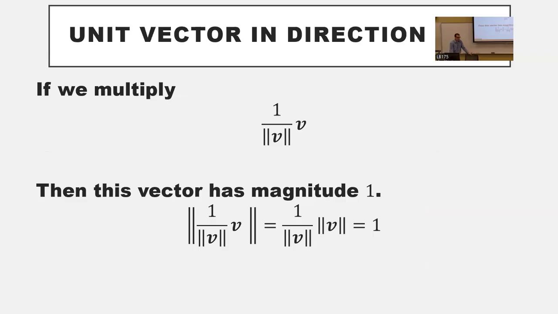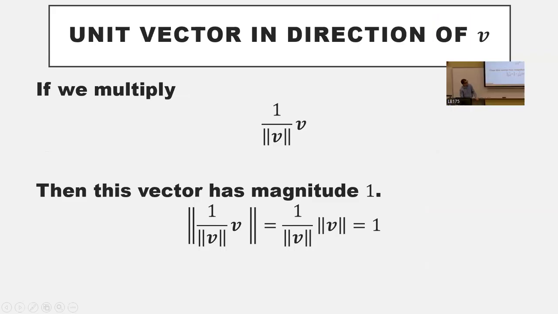Now, it's actually quite a simple process to figure out a unit vector in the direction of a vector v.